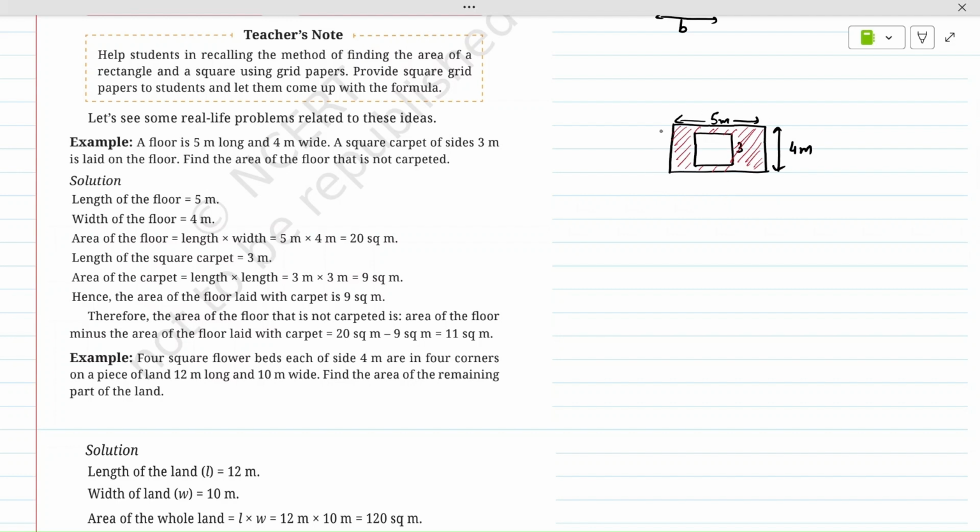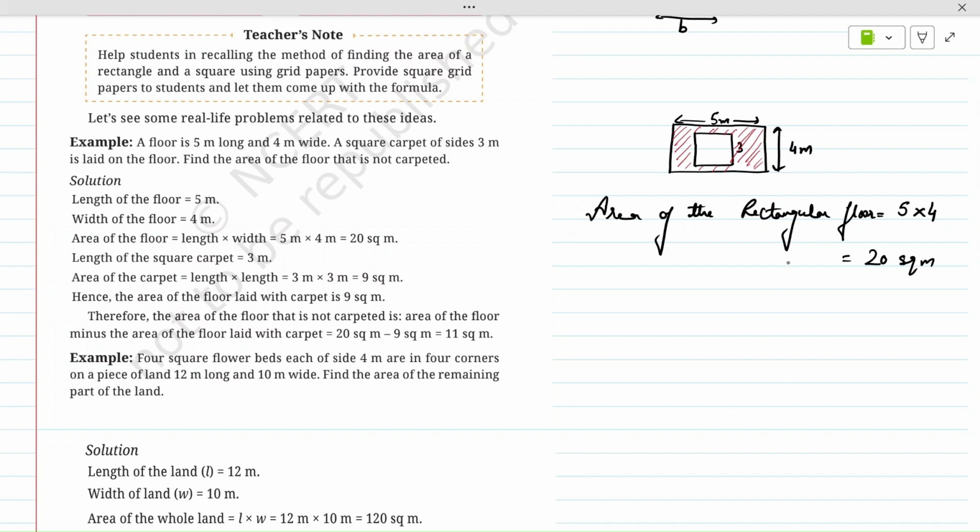So let me first write down the area of the rectangular floor. Rectangular floor is equal to length into breadth, that is 5 into 4, 20 square meters.